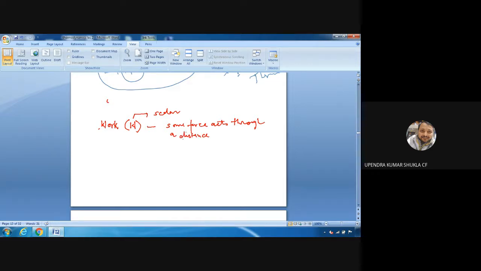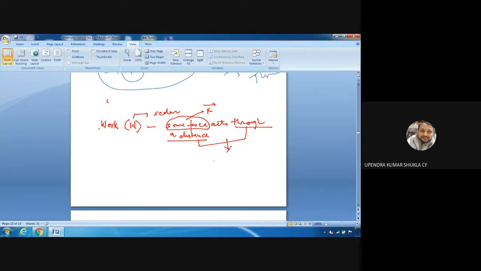And let me tell you very clearly, through a distance, some force. Now two keywords: some force, and through some distance. Force is a vector quantity.